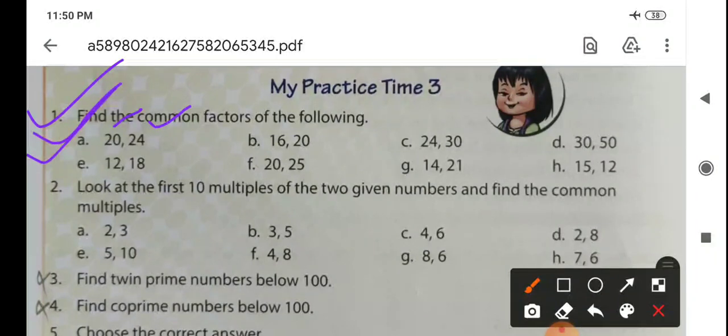Like this you complete number one. Then comes number 2. Look at the first 10 multiples of the 2 given numbers and find the common multiples. So first I have to write 10 multiples of 2, then 10 multiples of 3. Then find out their common multiples. Okay. Like this you complete number 2.